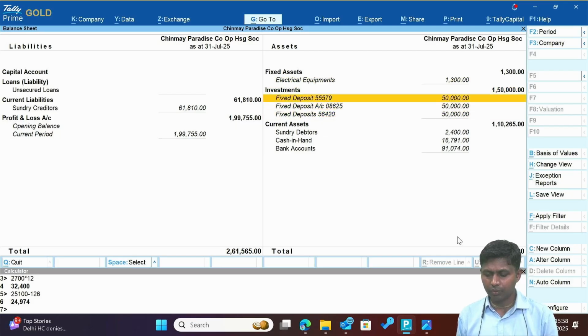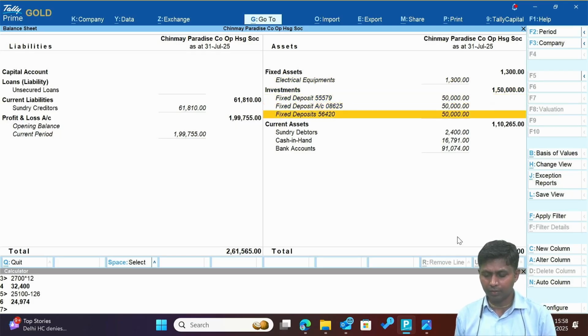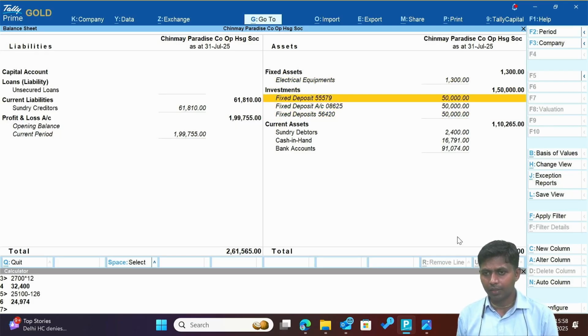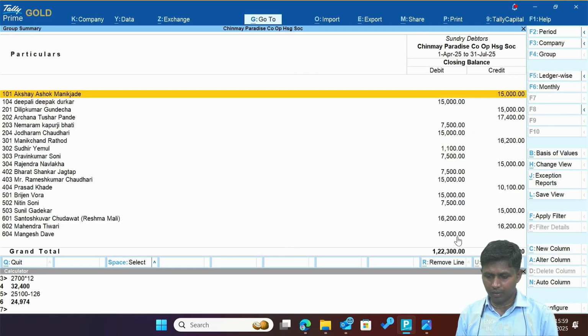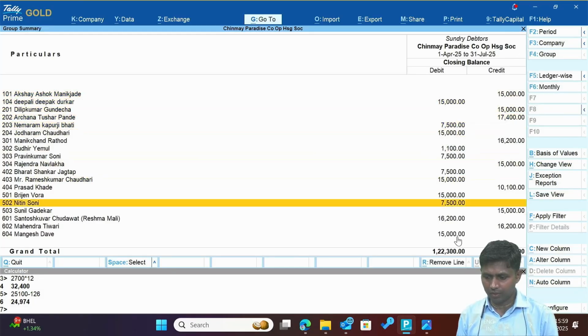Now, here also, if you want to finalize, then you have to provide for the interest. Correct. Interest accrued. Check the fixed deposit receipt. On that, you will find rate of interest. Calculate the interest from the date of fixed deposit receipt till the last day of your closing. Then here you can check the parties.